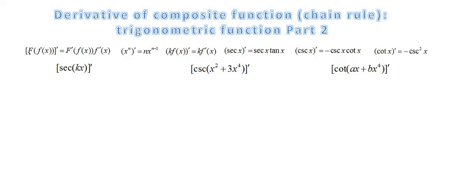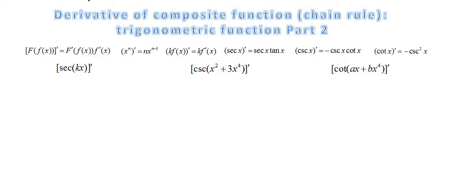If capital F is cosecant, then the derivative of capital F is negative cosecant times cotangent. If capital F is cotangent, then the derivative of capital F is negative cosecant squared.